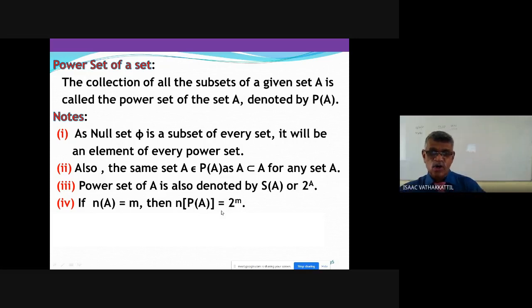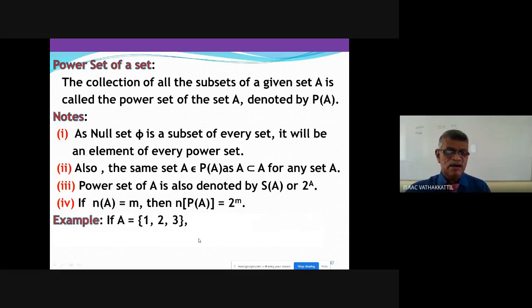You can go for a proof, or you can ask me, or try it later also. If a set has m elements, it has 2 raised to m subsets. If A has 3 elements, when I write the power set, there will be 8 subsets. If A has 5 elements, there will be 2 raised to 5, that is 32 subsets, which includes the null set and the same set.